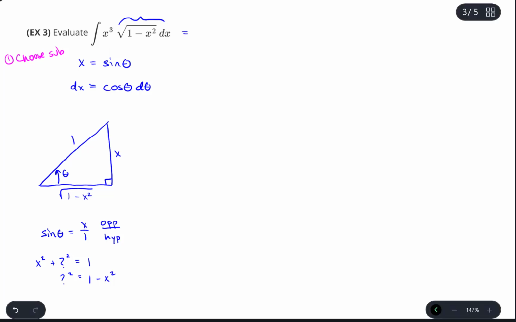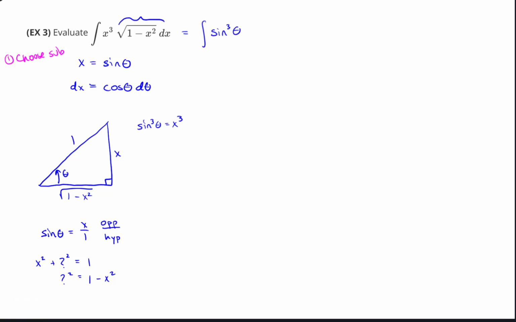All right, so that brings me back to the integral. At this point, I can now start substituting some things in. To substitute in for x cubed, I know that x is sine theta, so sine cubed theta is x cubed. Then the square root.